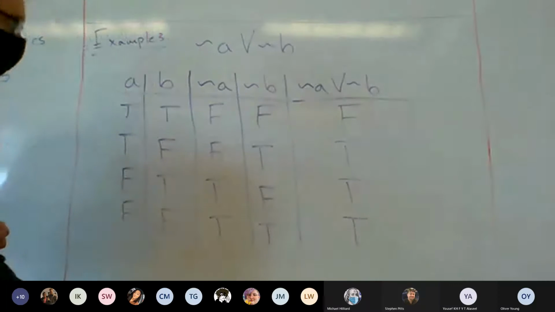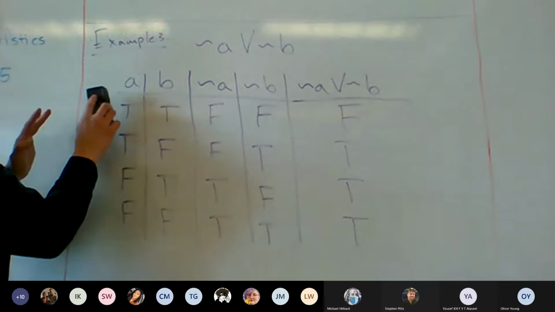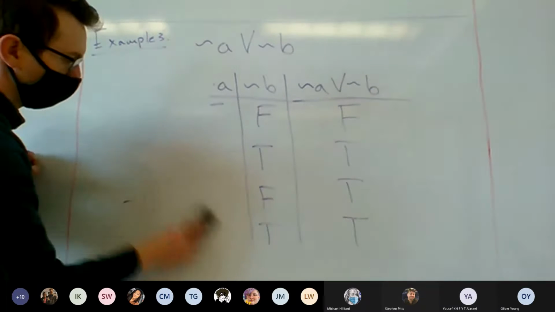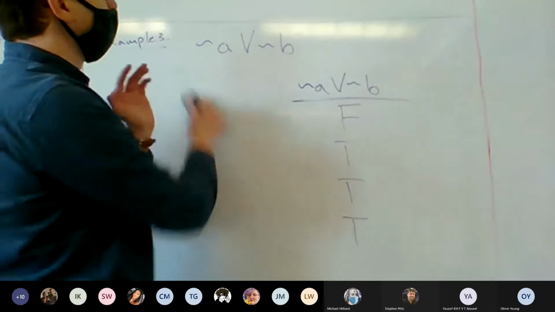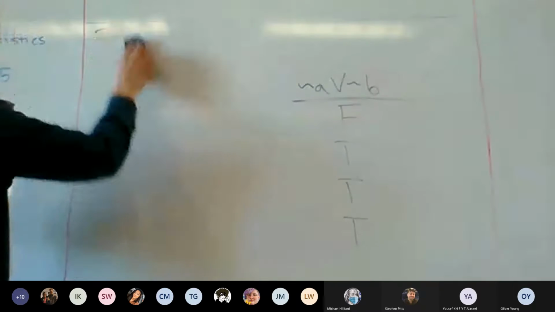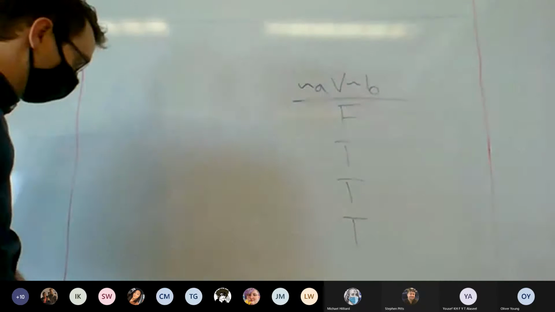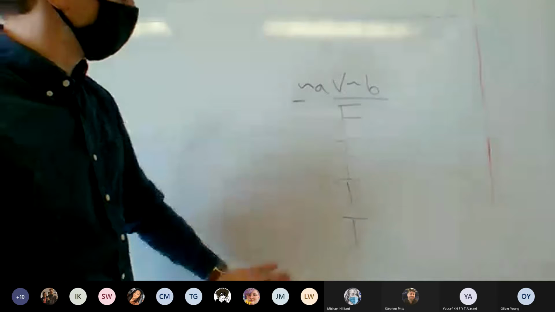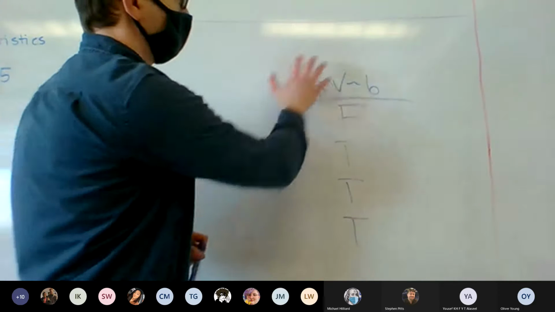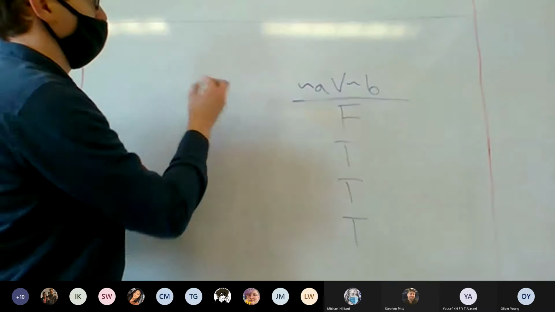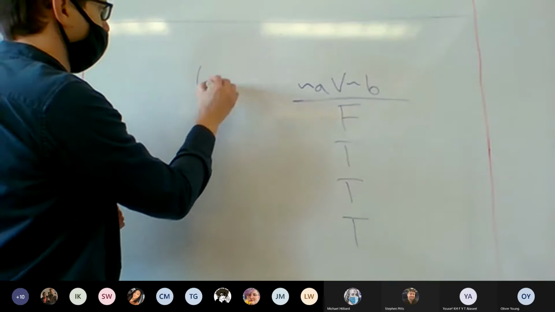Thank you. Yep. Now, I want to make a note before I move on to example 4. Before we just keep going through all these examples of truth tables, I want to make a note about this compound statement's truth values compared to the last one we did.